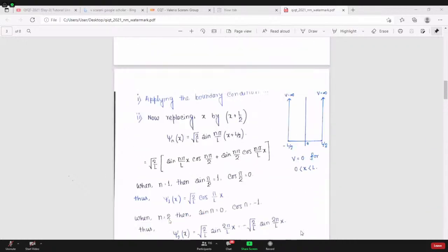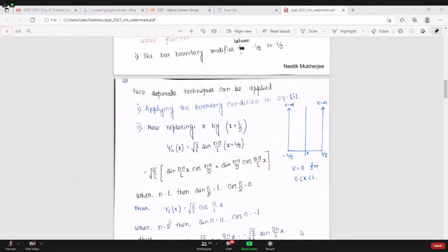No, because actually the particle is sensing the change because your boundary condition is changing. That means you have an infinite boundary once at L by 2, another at L, 0, and again at minus 3L by 4. That means the position of the boundary is different.